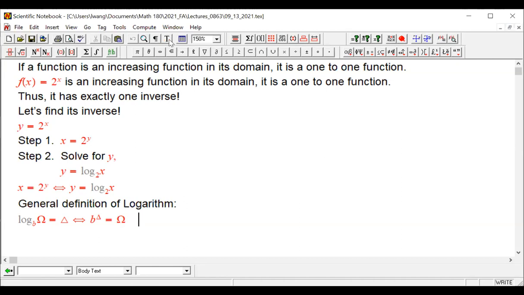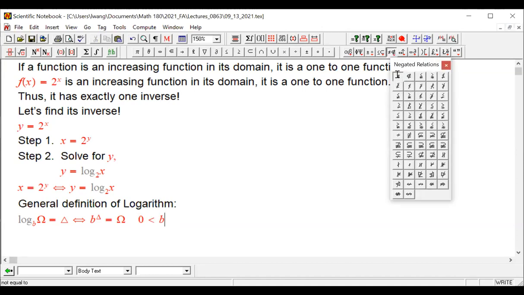We have a specific requirement for the base. The base b must be larger than 0 and not equal to 1.